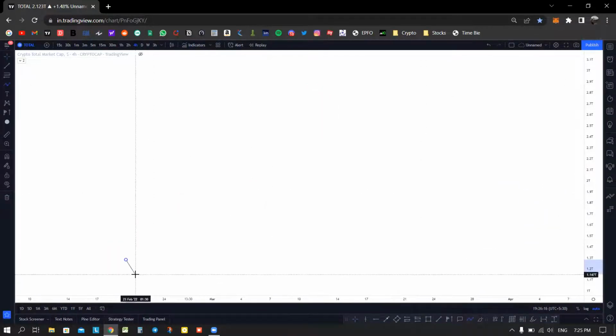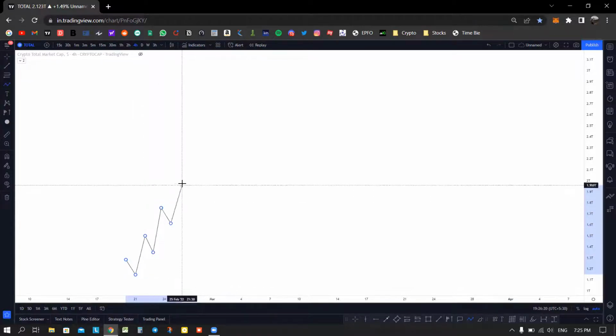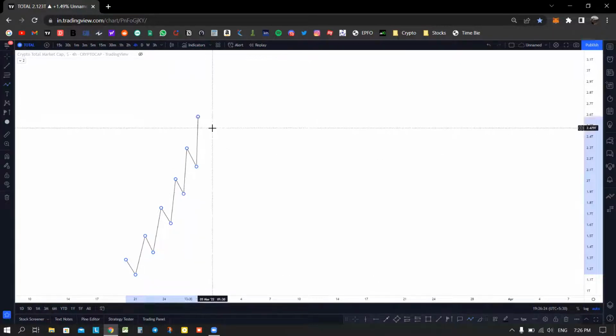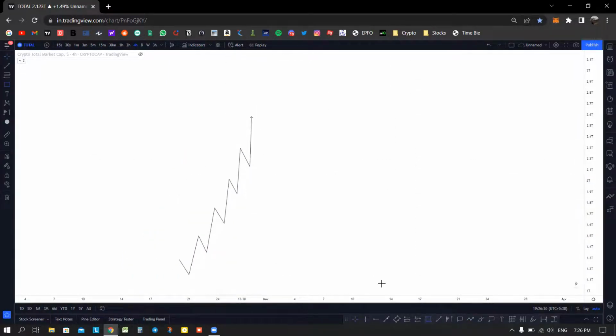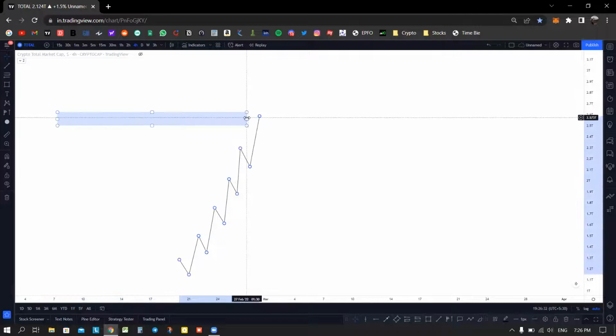Like if we are in a bullish trend, higher highs, higher lows, and there is some sort of strong demand zone around here, and price hits this demand zone.